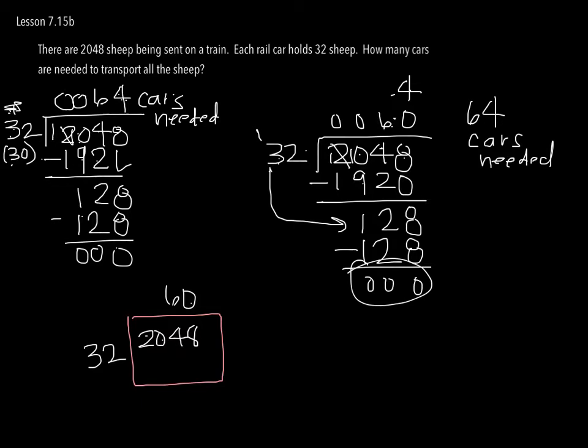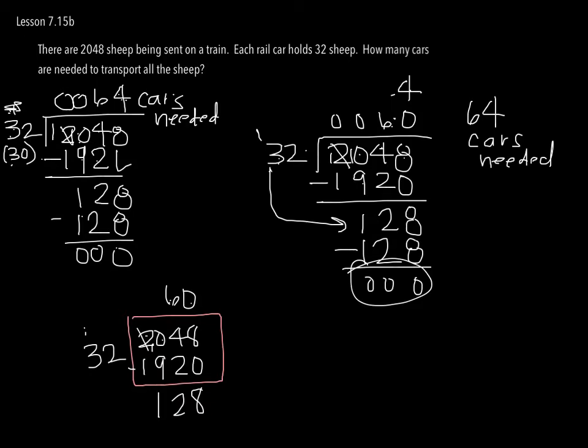0 times 2 is 0, and then 6 times 2 is 12, carry the 1. 6 times 3 is 18 plus 1 is 19. Now I'm going to subtract. And then I've got 8, 2, 1.